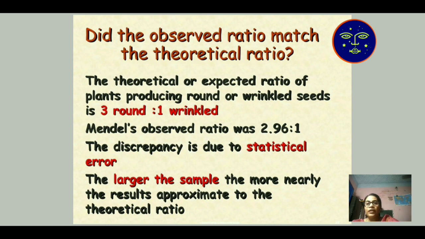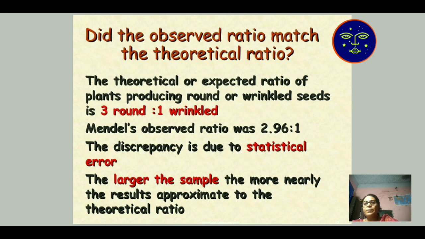But does it match the theoretical value or not? Mendel observed the ratio was 2.96:1. That 2.96 is almost exactly the expected value of 3.